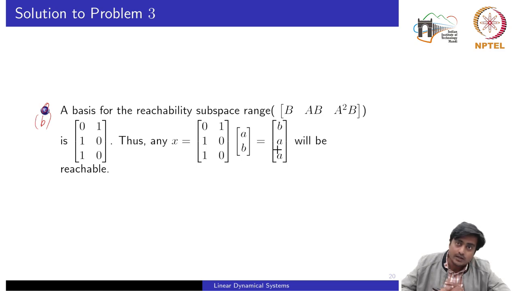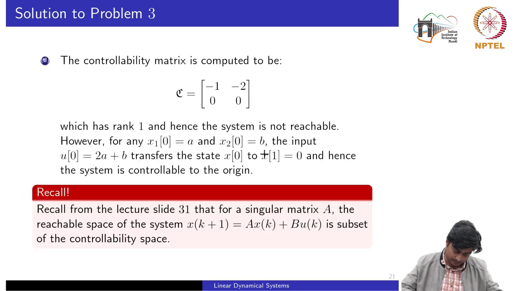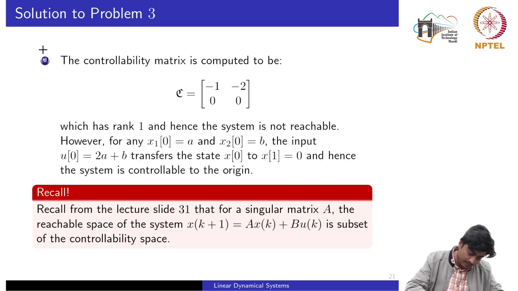Also, all the elementary operations you could perform over these elements would be reachable, because they form another basis of the same range space of the controllability matrix. Yeah, so this is the C part.